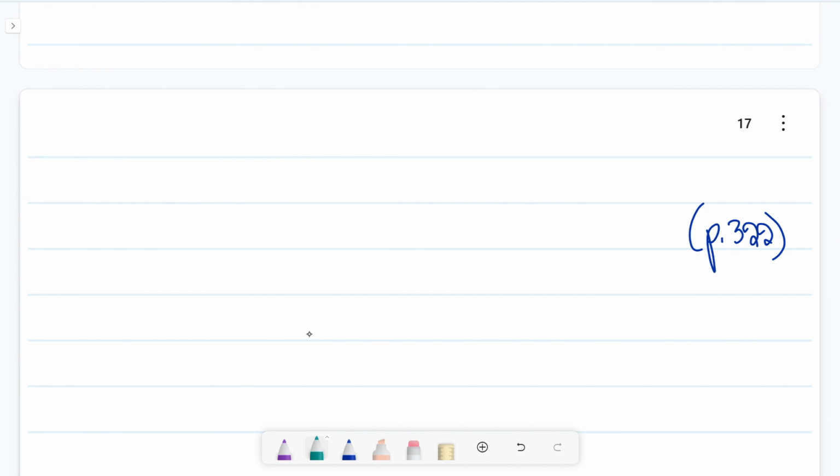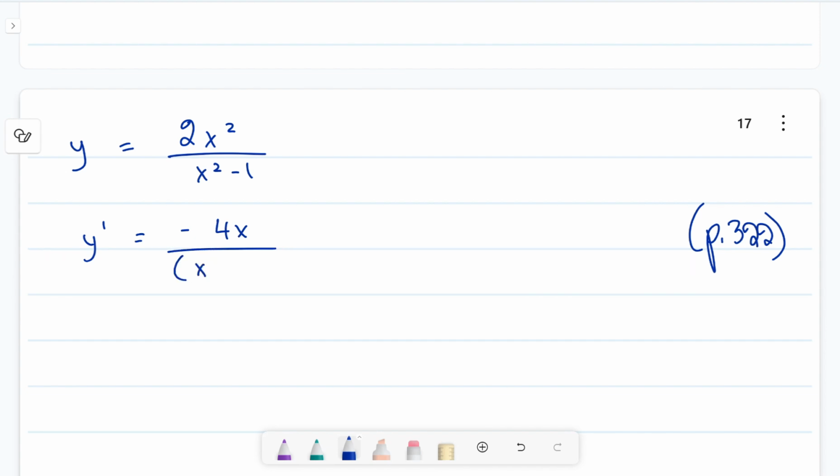This example is from page 322 in the book, and we will be graphing the curve y equals 2x squared divided by x squared minus 1. And I will be giving you the first and the second derivative. So the first derivative is negative 4x divided by x squared minus 1 all squared.